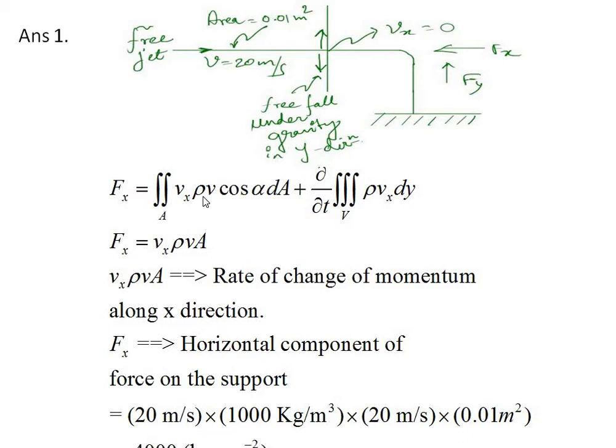Since you see here, this is rho v, and we have a small area dA. So V dot n cap is the velocity vector in the direction normal to the area vector. When V dot n cap is positive, it represents outflow, and when it is negative, it represents inflow in the control volume bounded by the control surface.